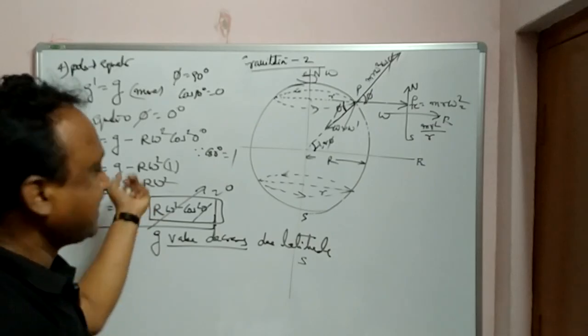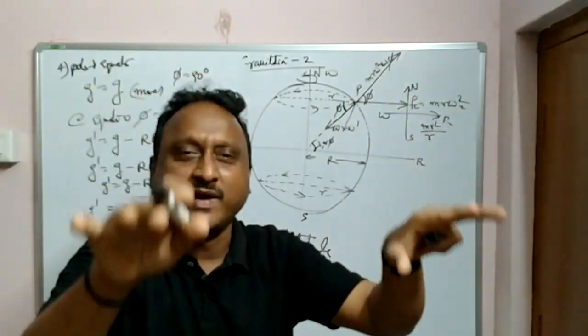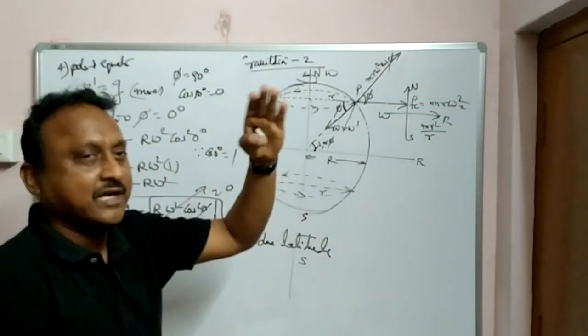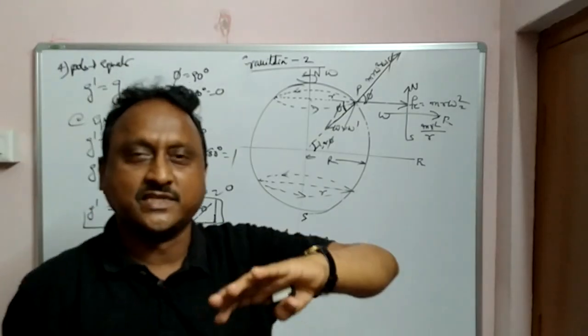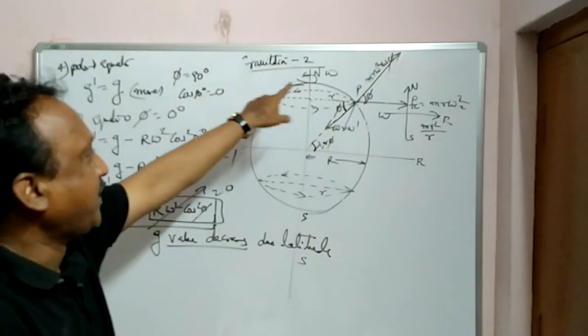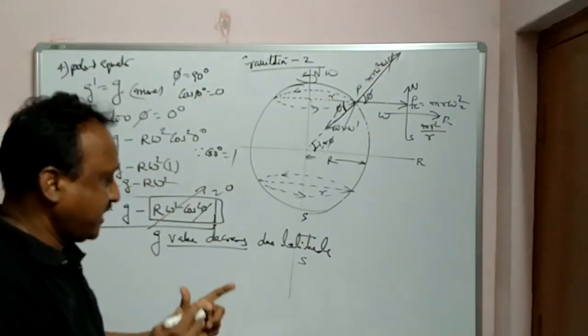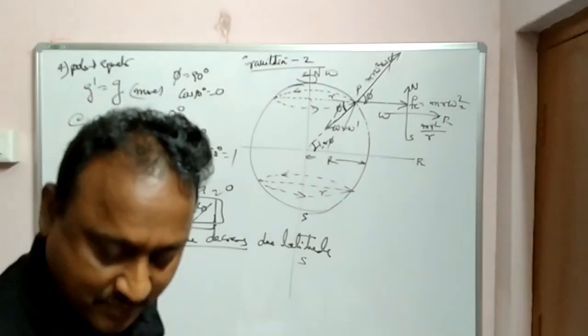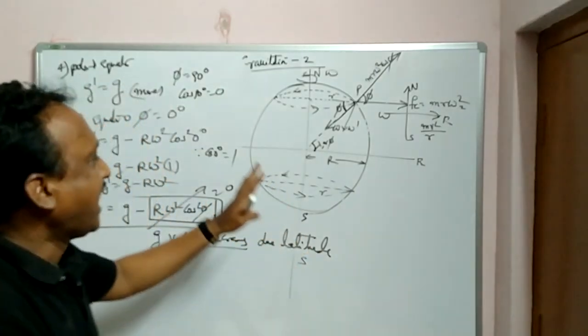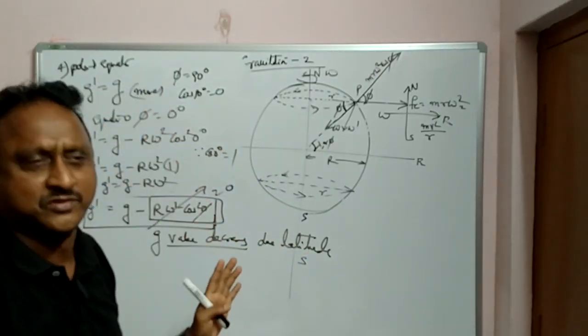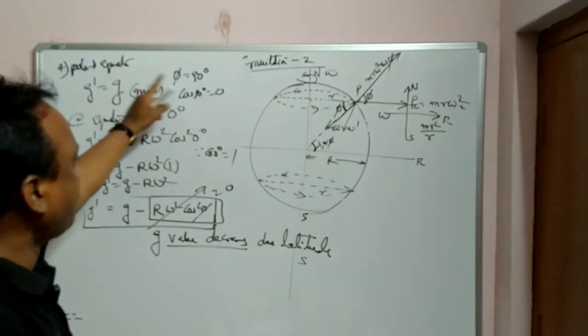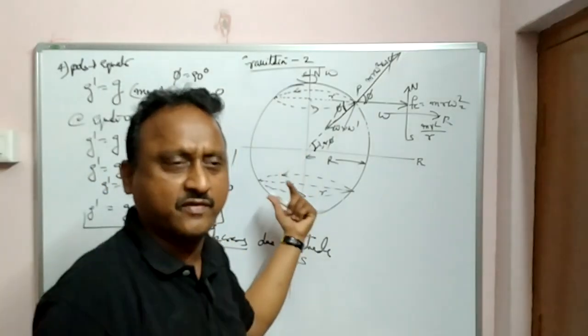Again you can see here, G minus something, so the value decreases. So at the equator, because of the bulging nature of the geographical features, the value will be less compared to the poles. These points are very, very important in entrance examinations like MSET and NEET, and IPE will be asking 2-mark questions. So the G value is more at the poles. Proof is also given from the equation.